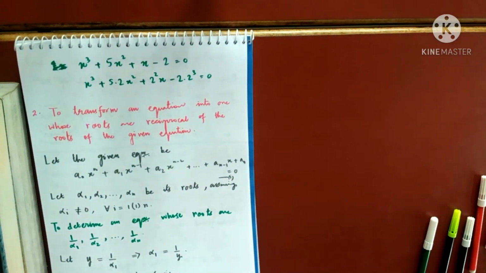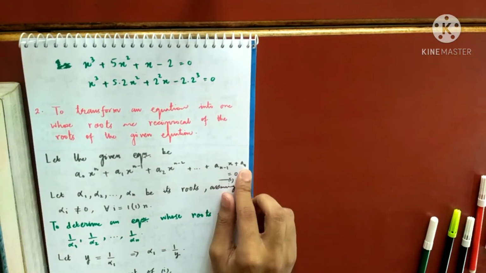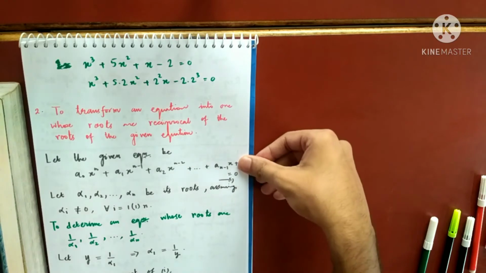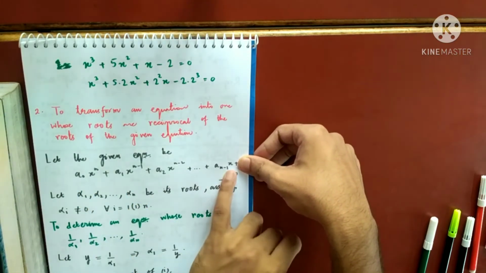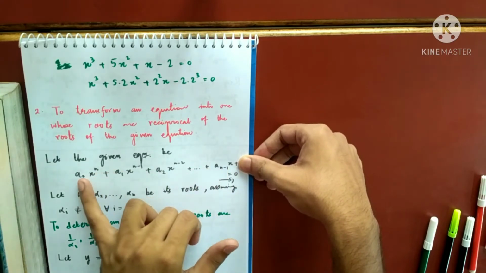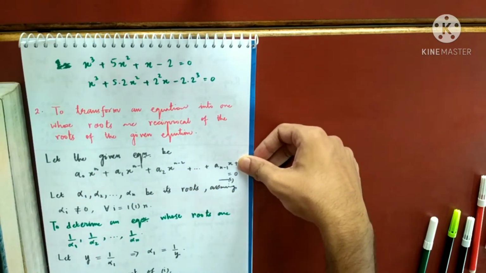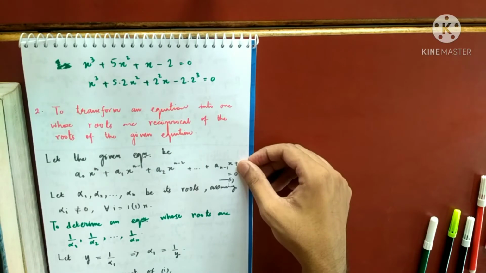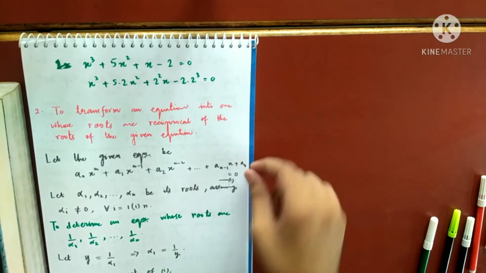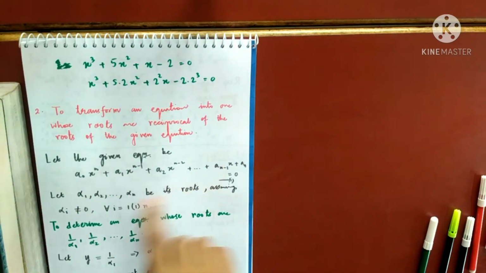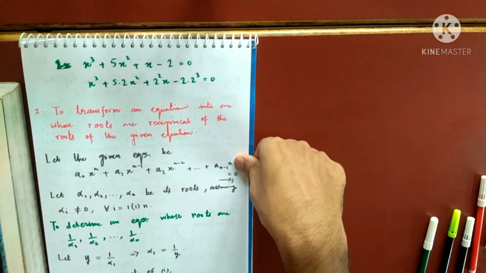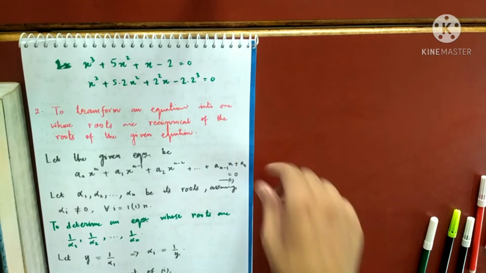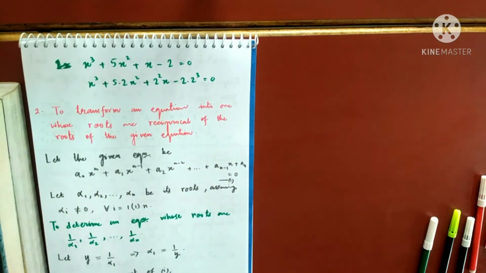Why? Because if an is 0, so the last coefficient is 0, then you can take x common. X is there in every term. You can take x common, and hence 0 will be a root of this equation. But that is not the case, because I am assuming that none of the roots is 0. So if an is absent, its value is 0, then I will get 0 as a root.